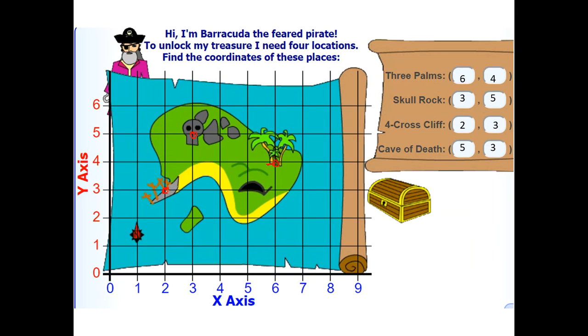Perfect. The Cave of Death, I'm saying is 5 over, 1, 2, 3, 4, 5, and 3 up, 1, 2, 3. I hope you got close. Good job. Pat yourself on the back if you did.